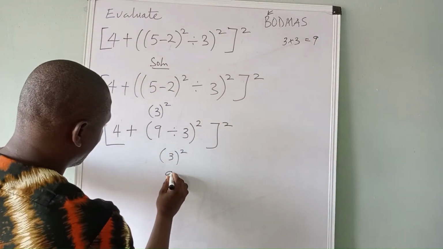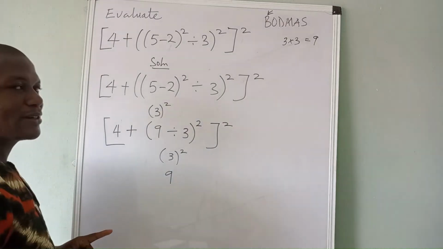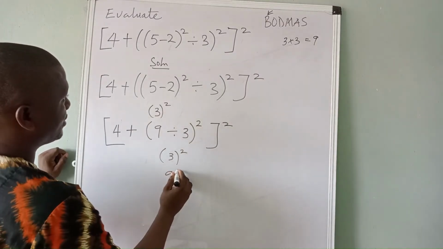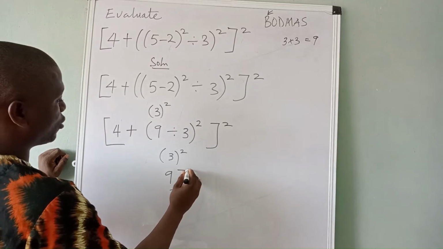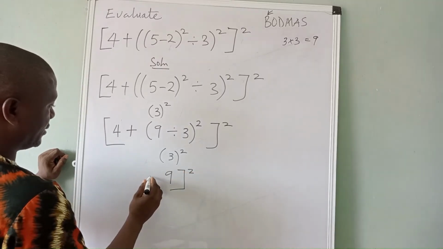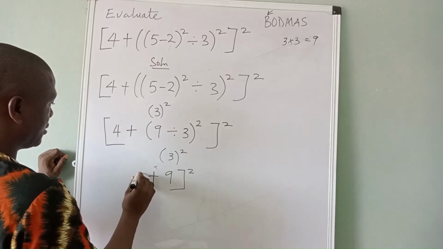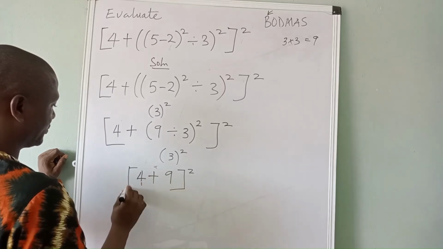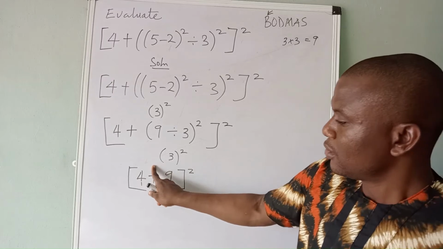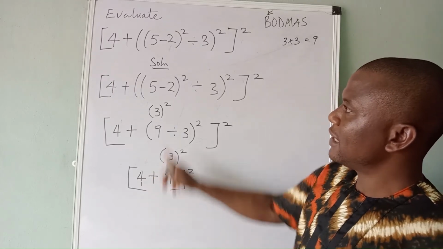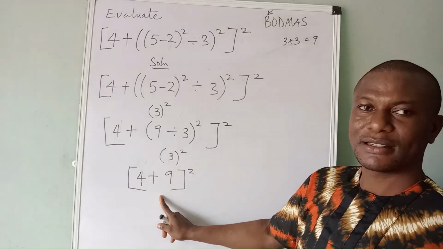We'll put 9 here. So we've resolved the second bracket. So the next thing is to complete the question before proceeding. So the newest version of this expression is now this.